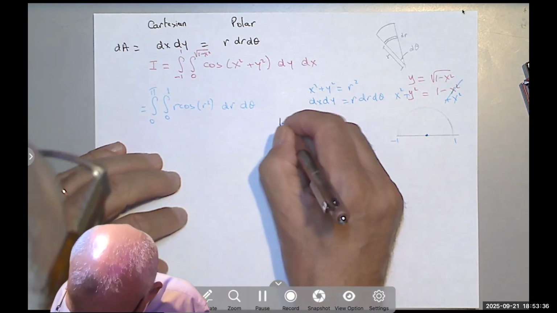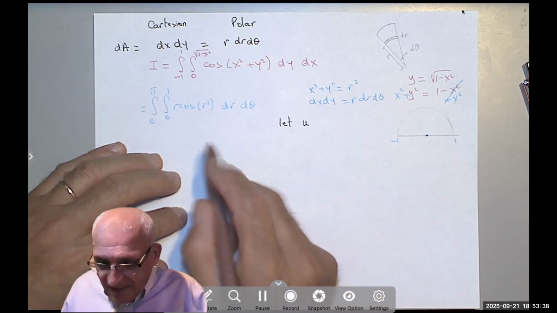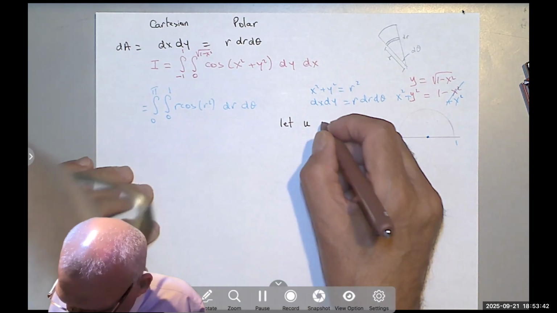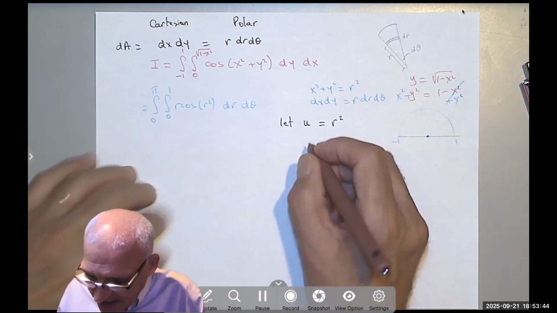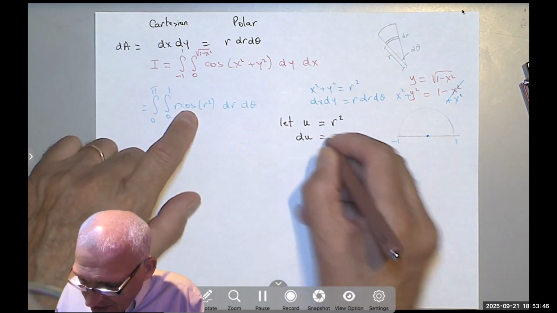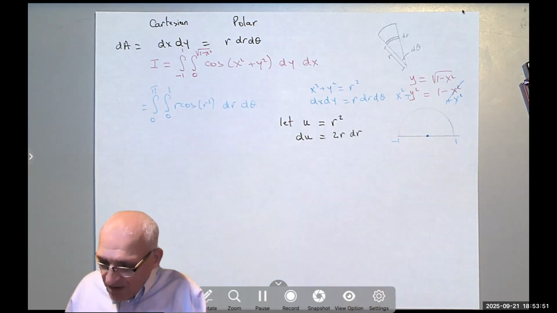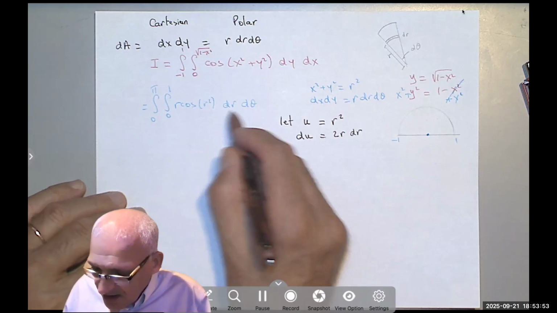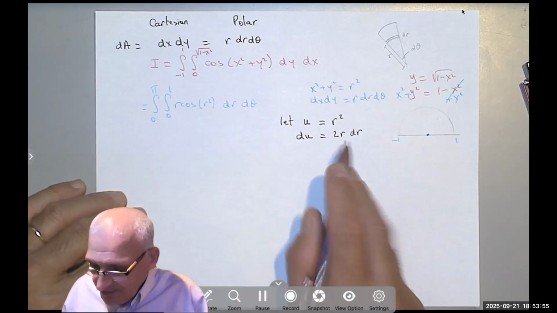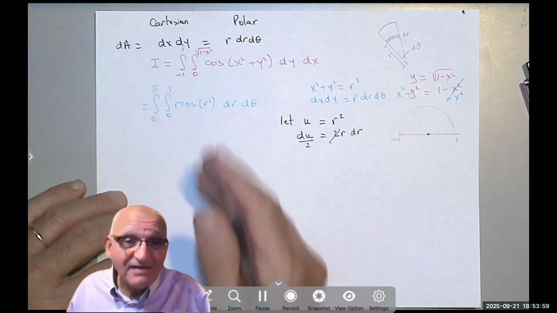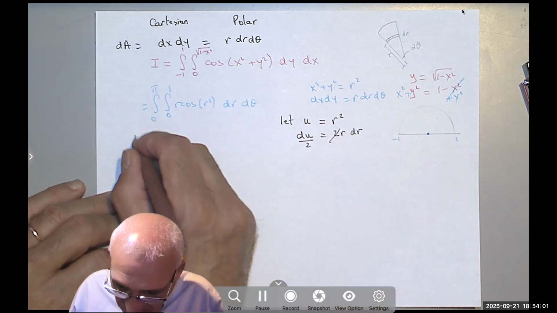What makes the problem is r squared, so let u equal r squared, in which case du would be 2r dr. Now, I have r dr, not 2r dr, meaning r dr is du over 2, 1/2 du. 1/2 is a constant.